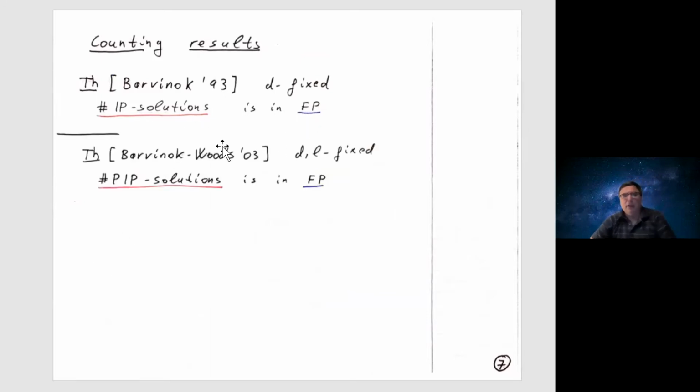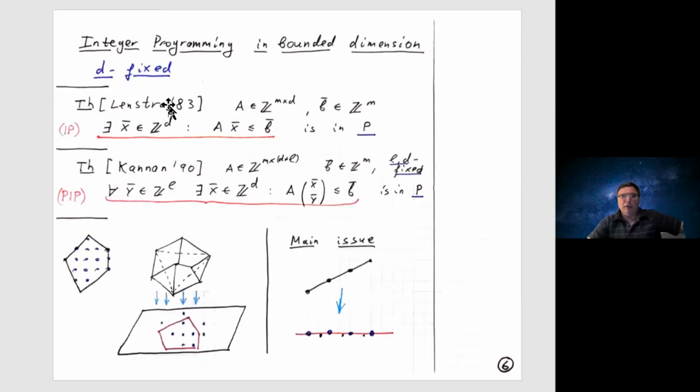In the same way, some ten years later, Barvinok and his former student Woods showed that for fixed dimension, the number of PIP solutions, where PIP stands for parametric integer programming, can also be obtained in polynomial time. So Barvinok was able to make a counting version of Lenstra's result, and Barvinok and Woods later made a counting version of Kannan's result.